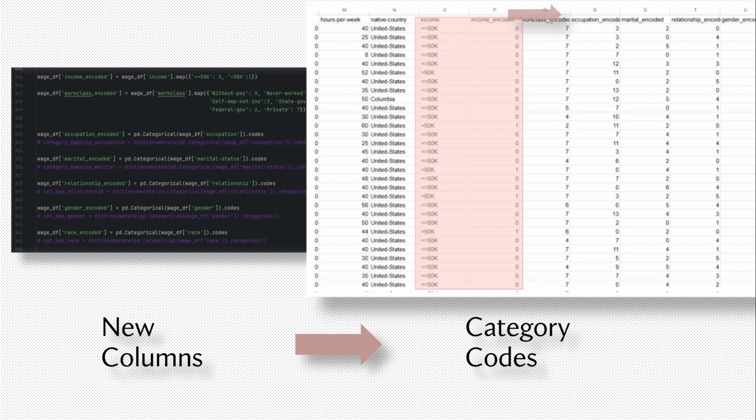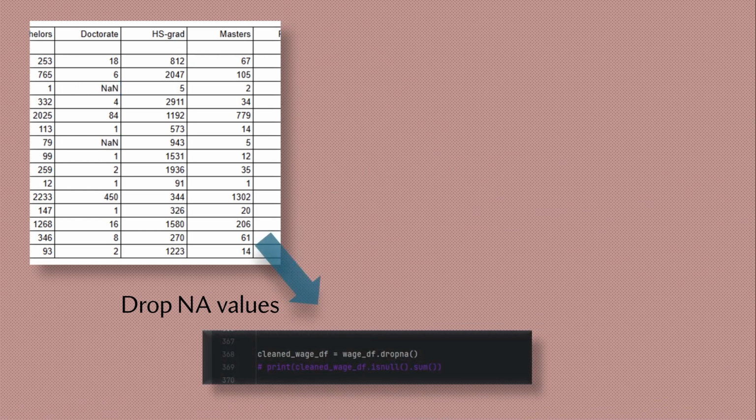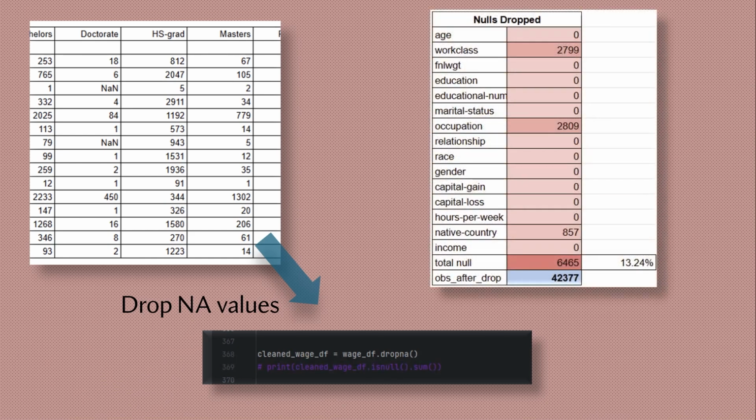Now that I had these new columns, there was still one more step to making sure that the data frame was ready for the tests. I had to get rid of those NA values that earlier we plugged into the data set using the pandas library. As you can see here, these NaN values that we used and allowed to be included in the group statistics from earlier. So here's the Python code that we used to drop all those NAs that we created.